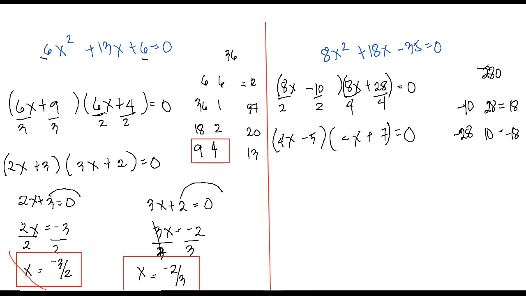Let's erase this one. So we have 2x plus 7 is equal to 0.